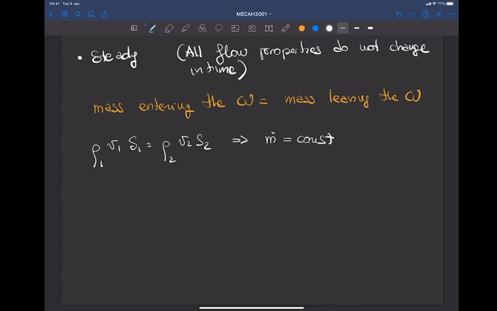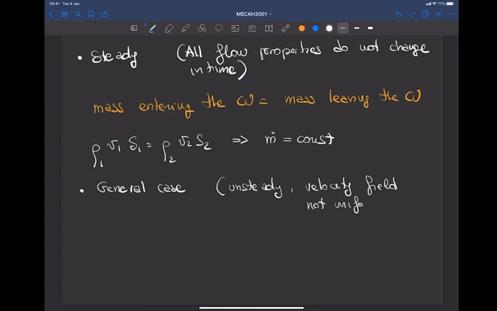Okay, very good. So now, what happens if on the other hand we are in a more general case? Which means, for instance, an unsteady problem with the velocity field which is not uniform. So how does this balance change?